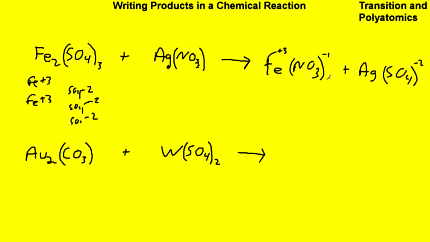We're going to crisscross it. Put it on the outside of the parentheses. This one crisscrosses here. We don't need it. Good. Let's do the silver. We have 1 silver. We have 1 nitrate. Nitrates are -1. So this silver has to be +1. +1 over here. Crisscross.